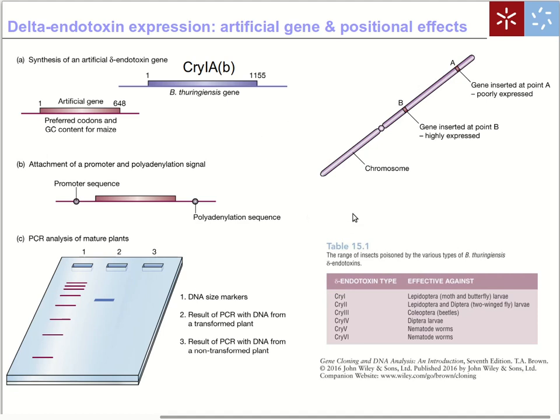This toxin here is just one of many different toxins, and one advantage of the delta endotoxins is that they are quite specific. So there is basically a toxin for every kind of insect. This is good for ecology, since you don't kill the insects that are actually good for the ecosystem.